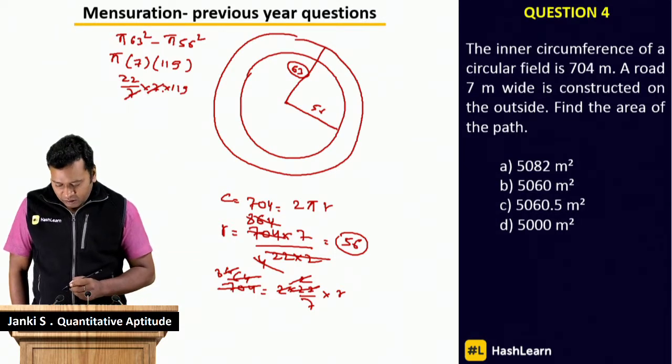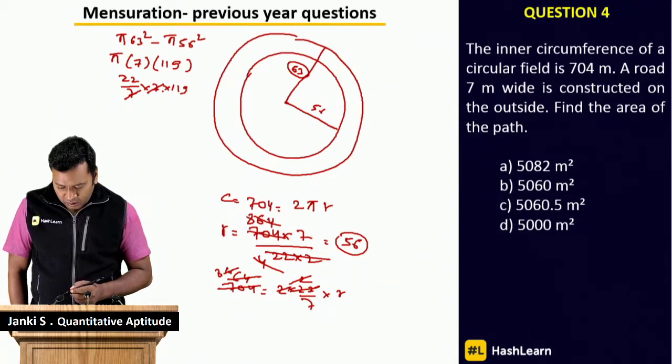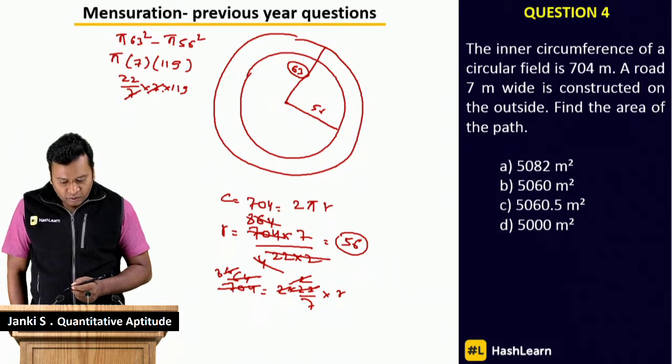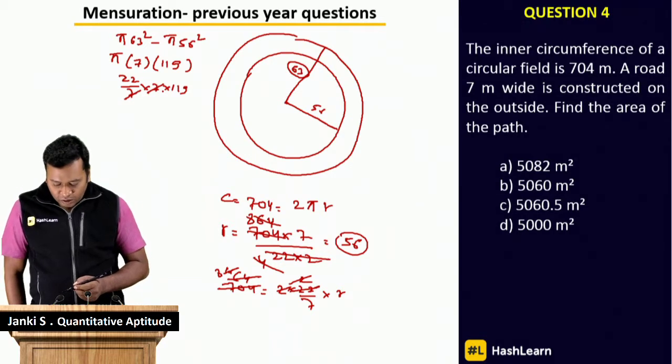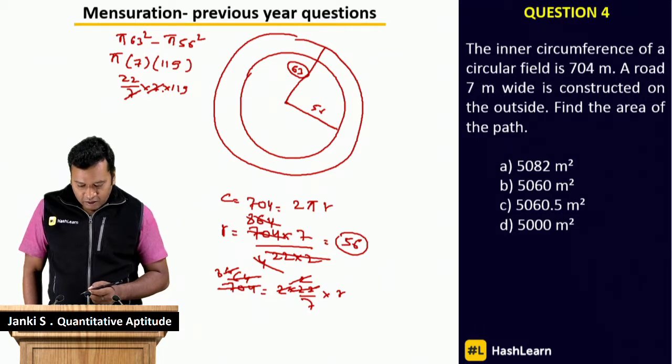So that means the value is... so let's see. Right. Okay, so let's go for the nearest value possible, because there is no option which is in this format.